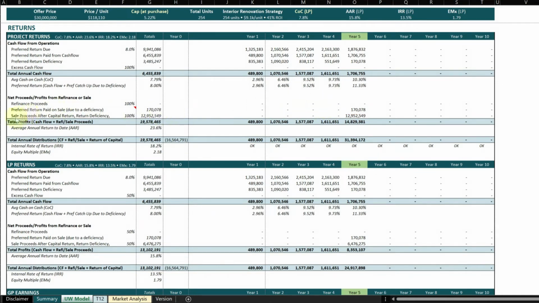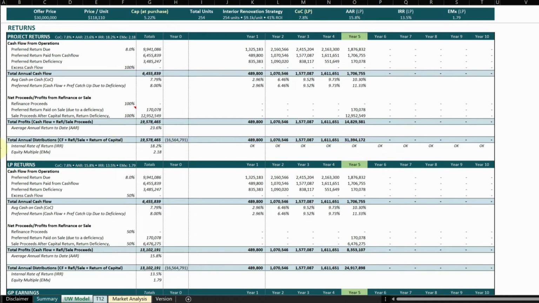And at that section is where the average annual return is calculated in the model. And then we have our total distributions. This includes all the inflows and outflows of the asset. So you can see our initial contribution, all the cash outflows, as well as our return of capital there.